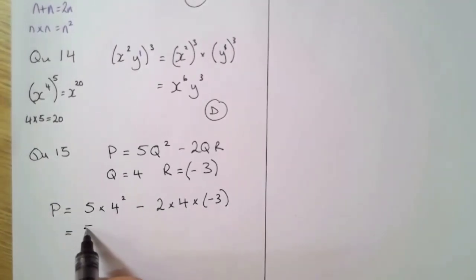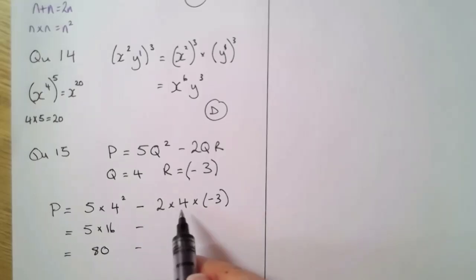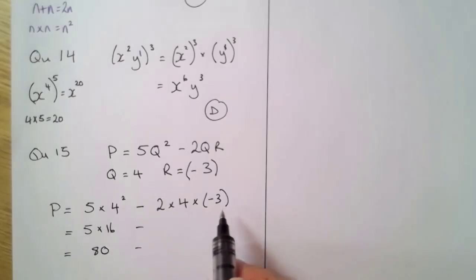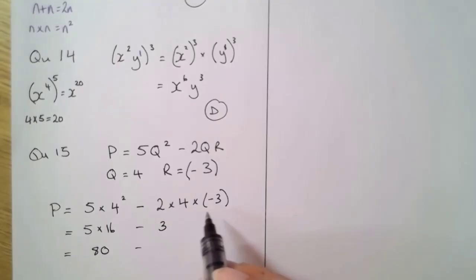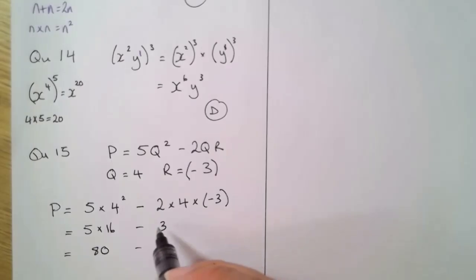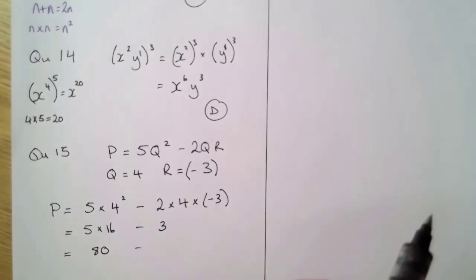5 multiplied by 16. Do that in whatever way you need to. It is 80. Pretty sure it's 80. 2 multiplied by 4, 8. Multiplied by 3 is 24. Gosh, where did my head go just then?